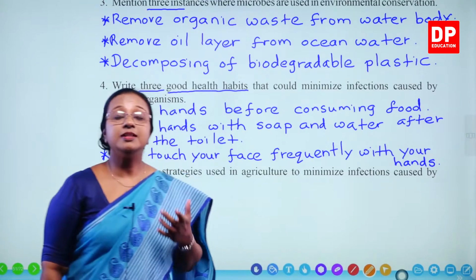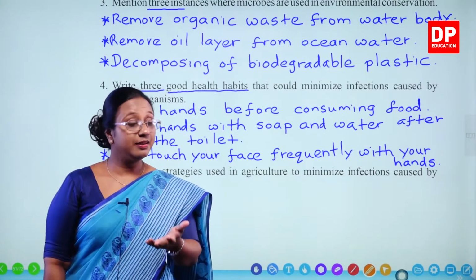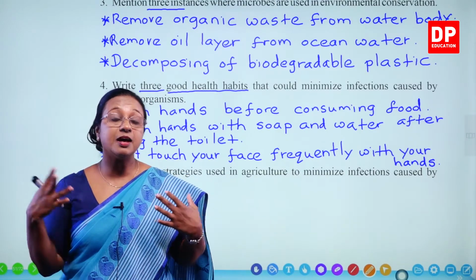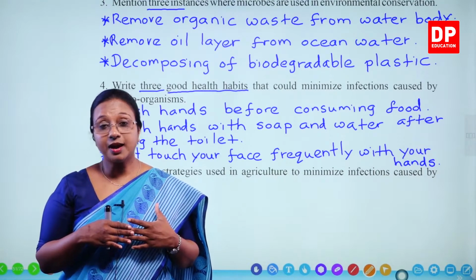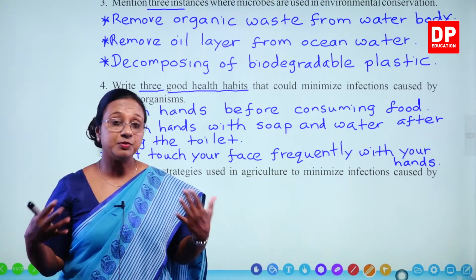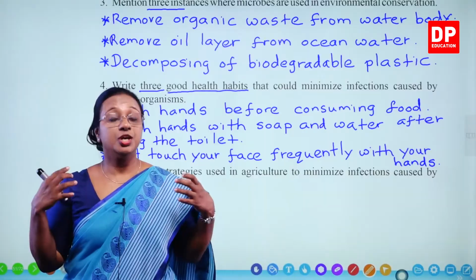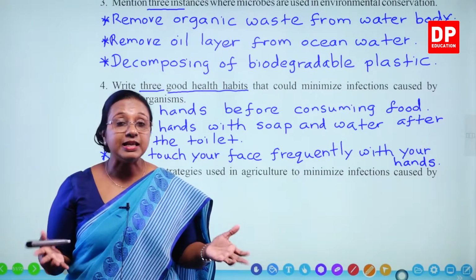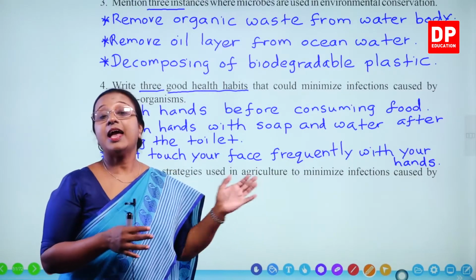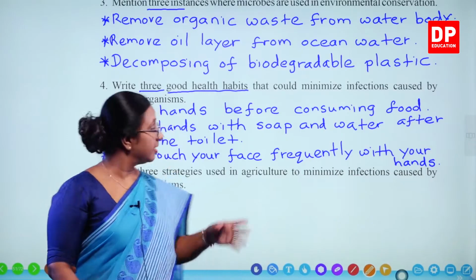So by doing these processes, even I told you all, having a bath after you go out and come back home, every time you come back, if you have a wash, then you are clean. So being clean and hygienic can reduce infections.